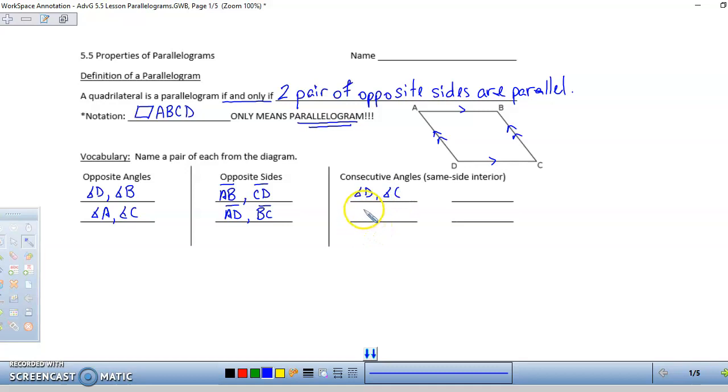So you'd have angle D and angle C, and angle B and angle C also same side interior, angle B and angle A, and then lastly angle A and angle D. So as you could probably surmise, same side interior angles are supplementary, so consecutive angles in a parallelogram are going to be supplementary.